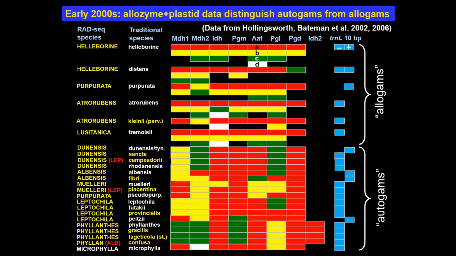Initially, this was how we genetically confirmed which taxa were allogams, these uppermost taxa, or autogams, the lowermost taxa. But that's a pretty crude approach, and you can see how few variables we have to make those kinds of assertions. I won't be talking about this style of data anymore.